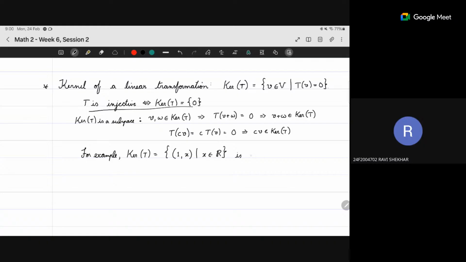Assuming usual operations, of course; there are vector space structures where this can have zero and all that. Why? Because this does not have 0, 0, and this is not a linear subspace of the usual R2.